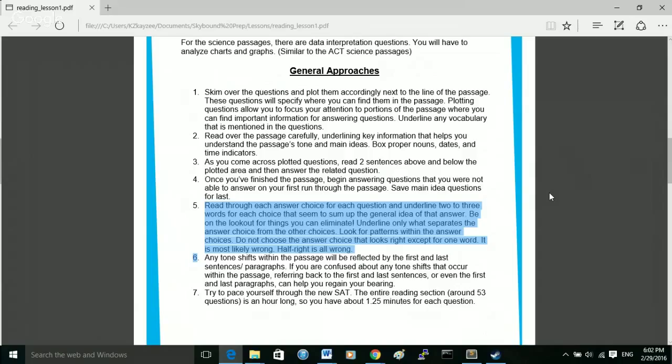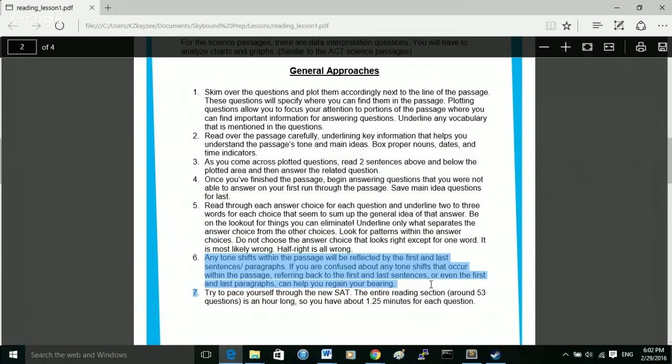Now, underline only what separates the answer from other answer choices. And look for patterns within each answer choice. Do not choose the answer choice that looks right except for one word. It is most likely wrong. Half right is all wrong. So if one part of an answer is incorrect, then the whole answer is wrong.